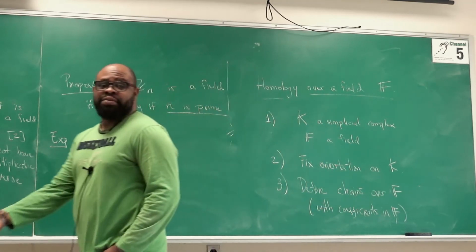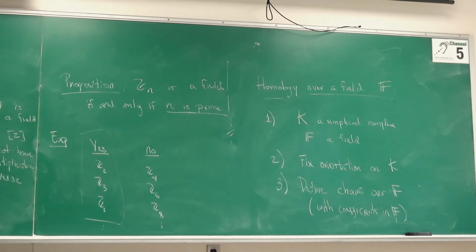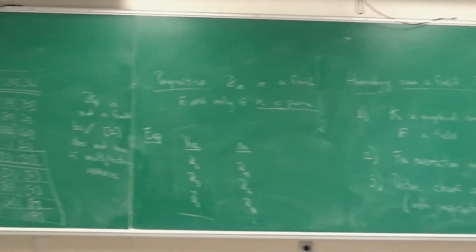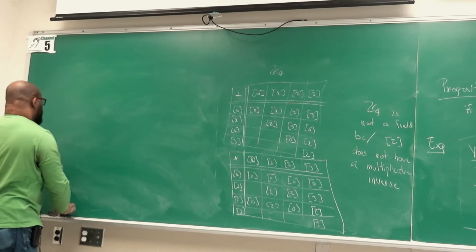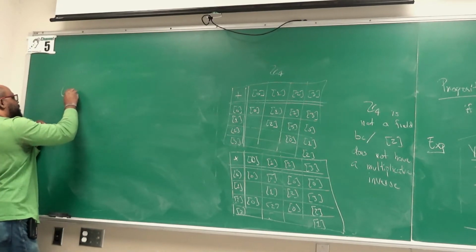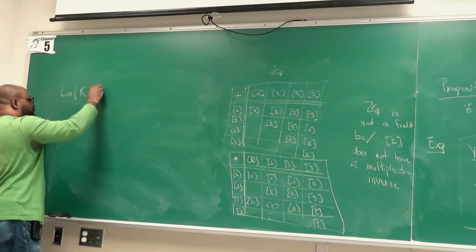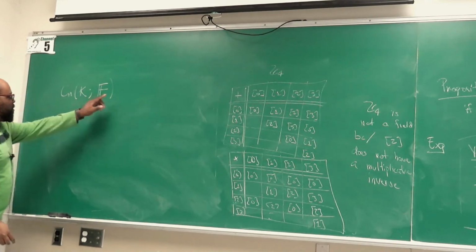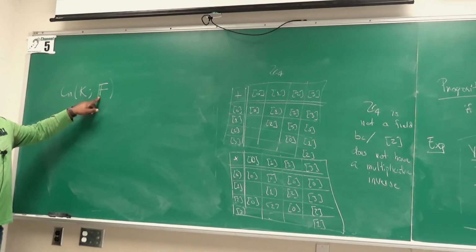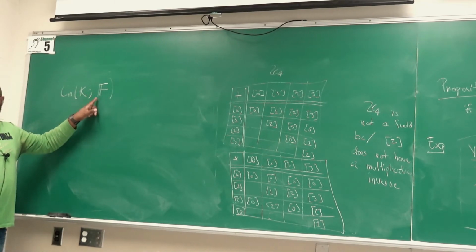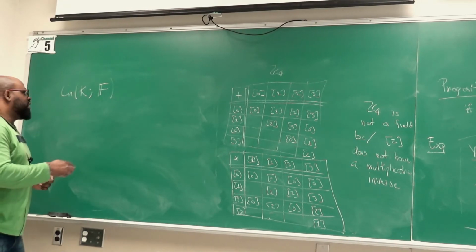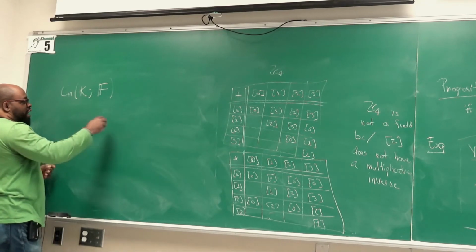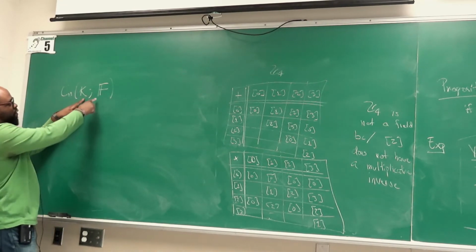It's exactly the same thing we did before over the integers. So we're going to let Cn(K), and now we're going to put an F in here. So hopefully now it's clear why I was so bothersome with keeping the Z straight in here. It's because we knew that at some point we were going to change it. So Cn(K;F), these are n chains in K with coefficients in F.